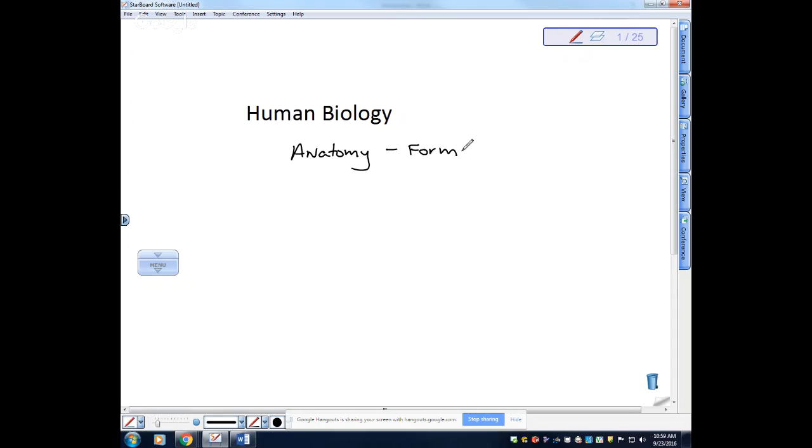That is all really important, but it doesn't make much sense to study anatomy on its own without also understanding the physiology. A lot of times students think the anatomy is a little bit easier because it's memorization, but the physiology is really important because it is the function.